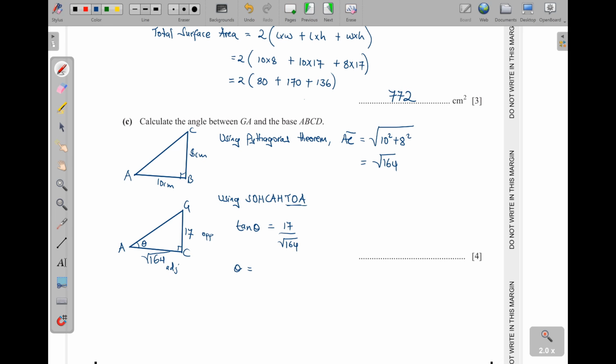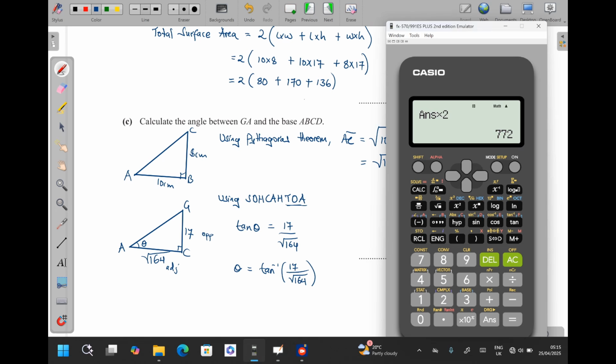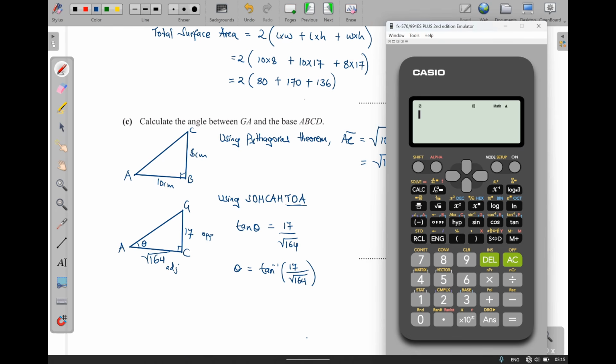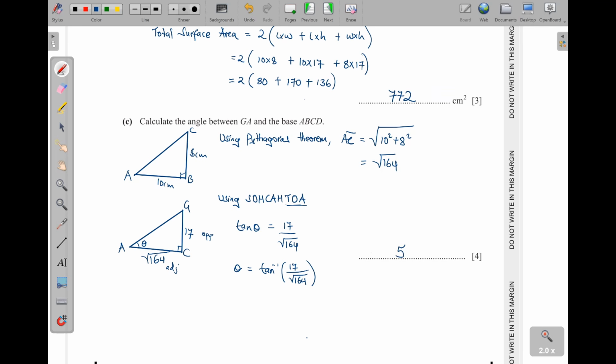That means theta is going to be the arctan of 17 out of the square root of 164. Then I can press shift, then tan, and put 17 out of root of 164. Then this is 53 and the rest of those figures, but to one decimal place, this one will be equal to 53.0.